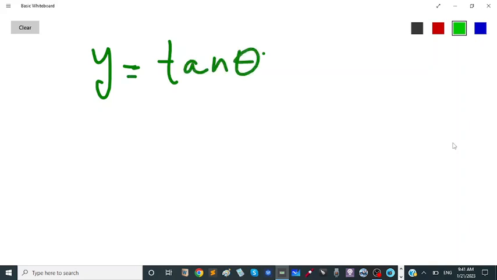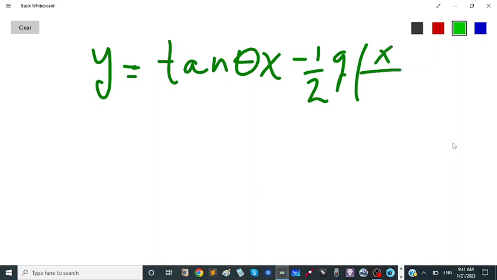So what will happen? Y is equal to tan theta times x minus half of g into x over U cos theta, okay, let us square this one.